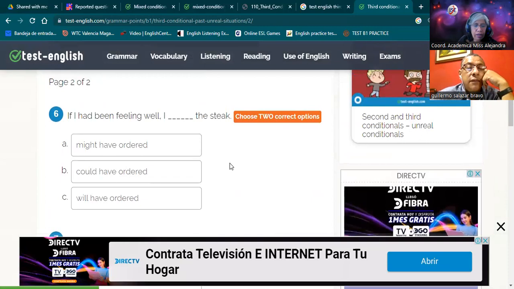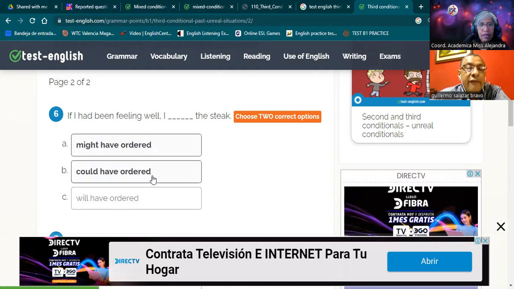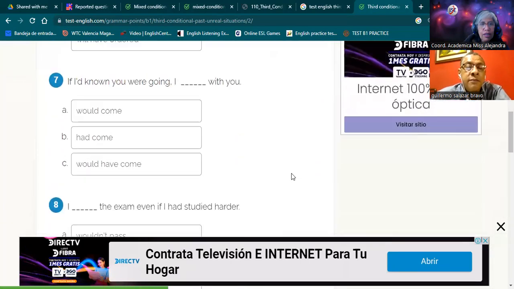Number 6, 2 correct options. I might order the steak. Could have ordered or might have ordered. I might have ordered and could have ordered.